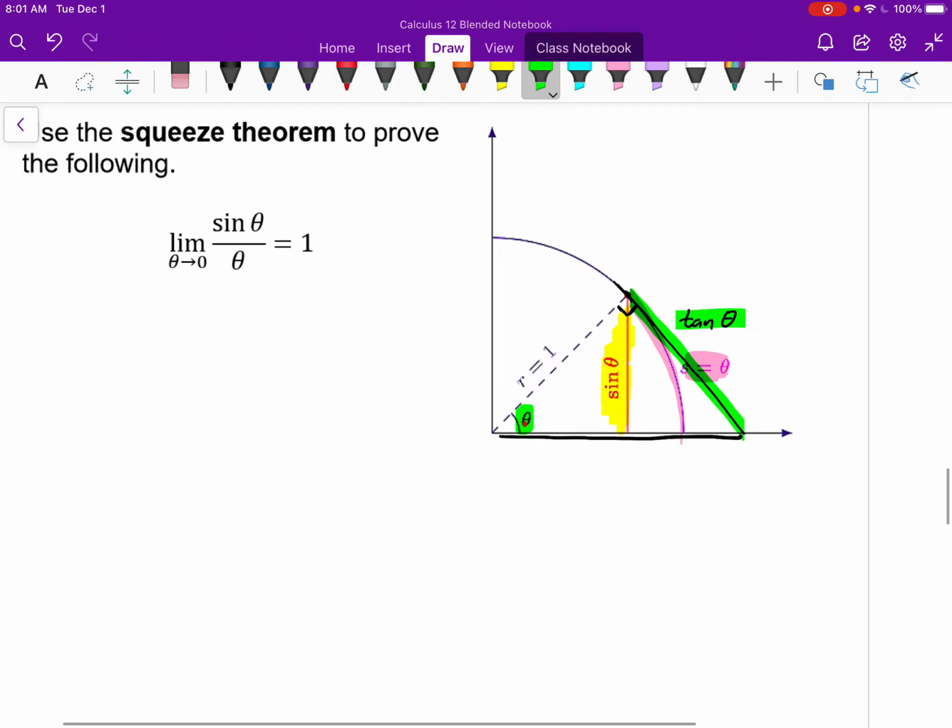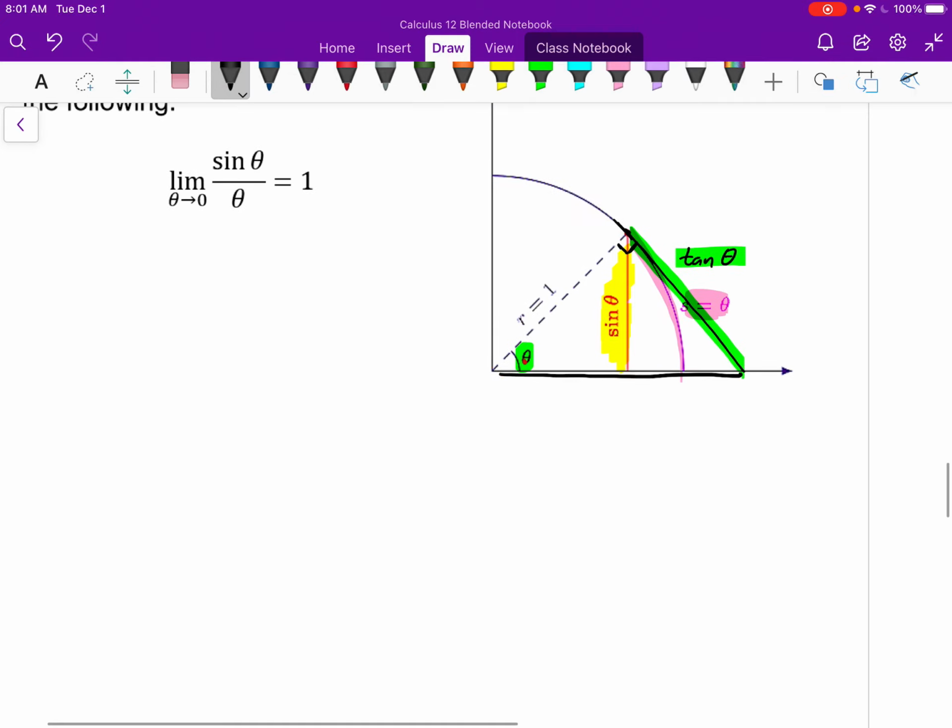And so now I can state that. I can just see that it doesn't really matter where this angle is, whether it's up here or down here. I'm always going to have the same fact, that the sine, that vertical line, is always going to be the shortest, the tangent line is going to be the longest, and the sector length is going to be in the middle. And so I can now write it like this. I can say, therefore, I know the sine of theta must be less than or equal to just theta, which must be less than or equal to the tangent of theta.